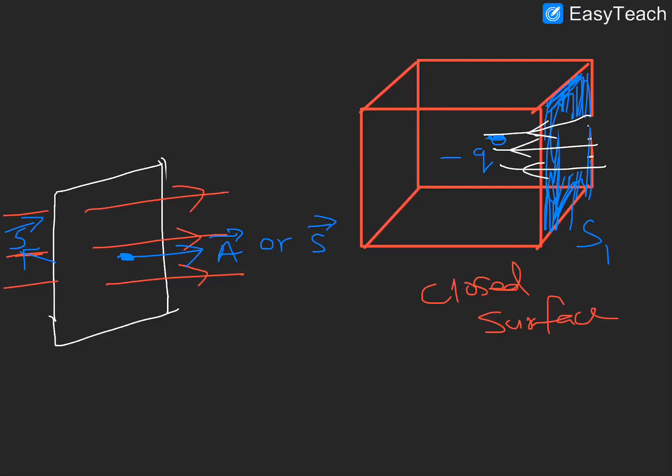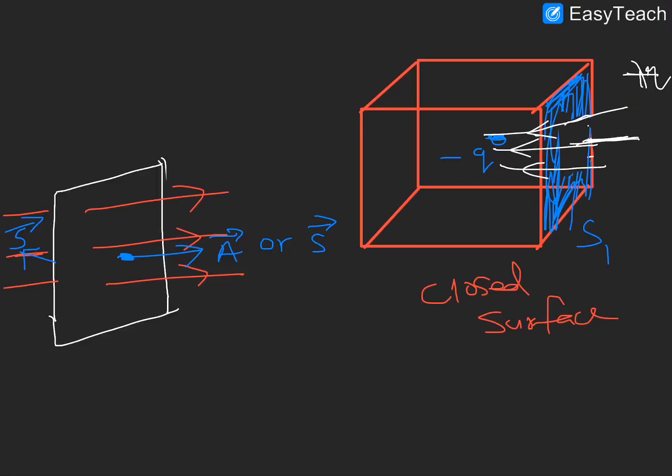So the direction of the field lines will be like this: from positive, if this is a positive charge, field lines will come to the negative charge. Only if there is a negative charge inside the cube, those field lines will come inside the cube. So in this case you can see that field lines are coming inside the cube, passing through this surface inward.